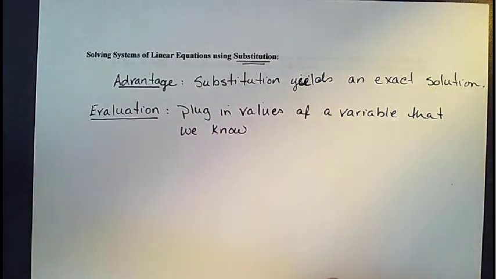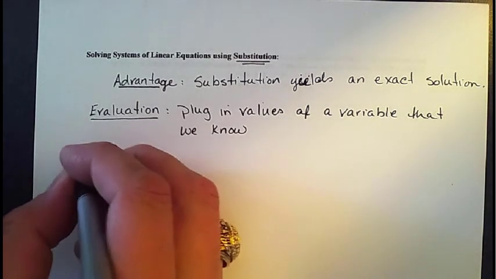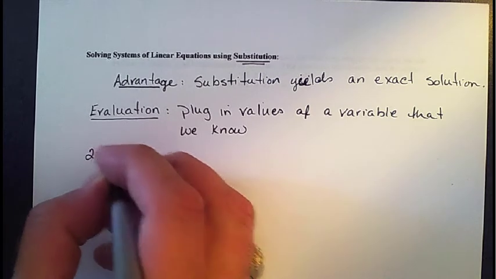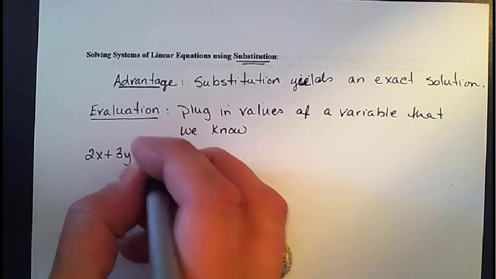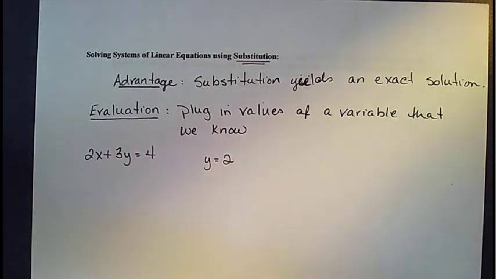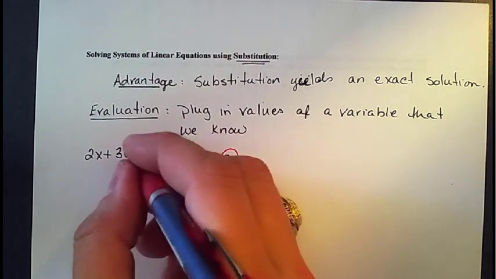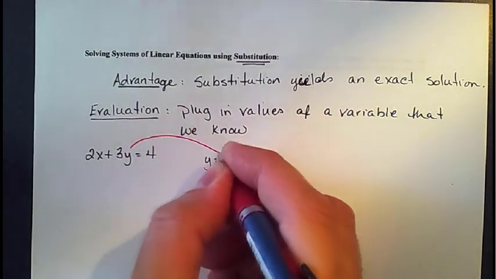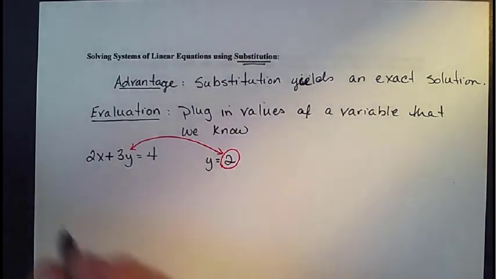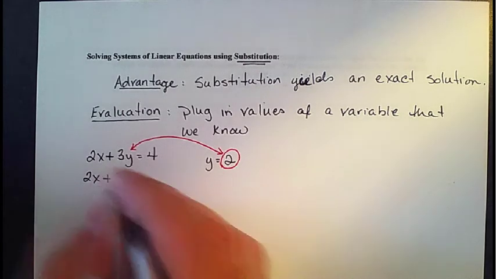For example, if I know that I have an equation, say that's 2x plus 3y equals 4, and I know that y is equal to 2, that means that I can take that 2 and I can replace y with it, and the beauty of that is that now that I've made that replacement, I've only got one variable.